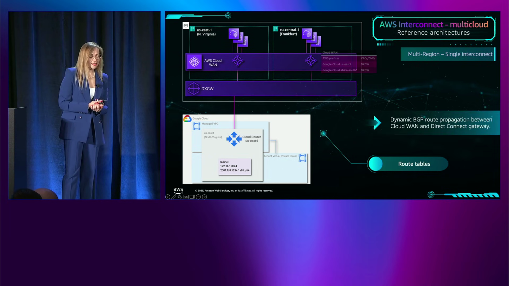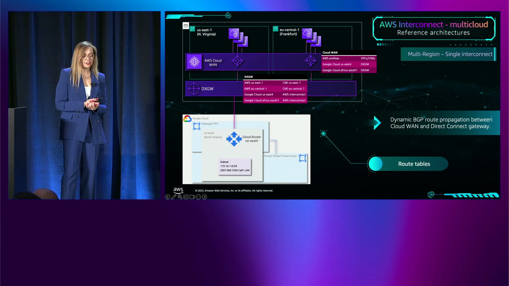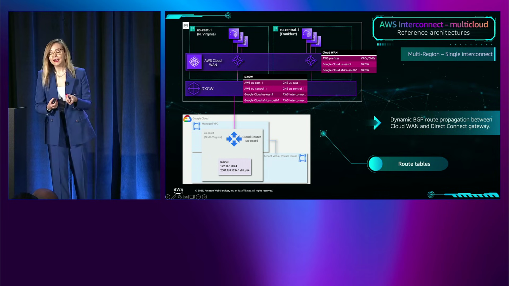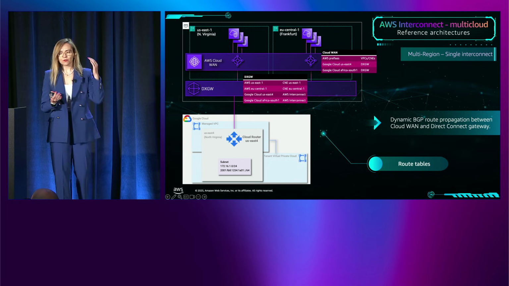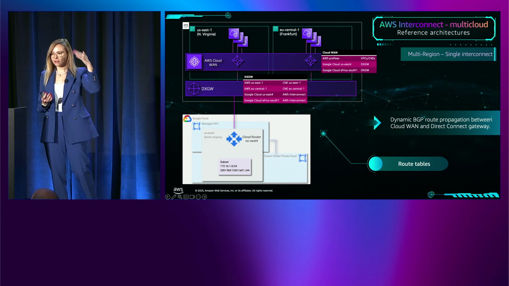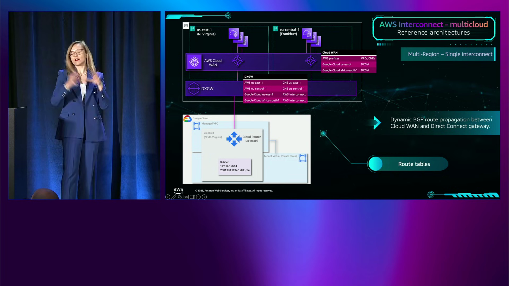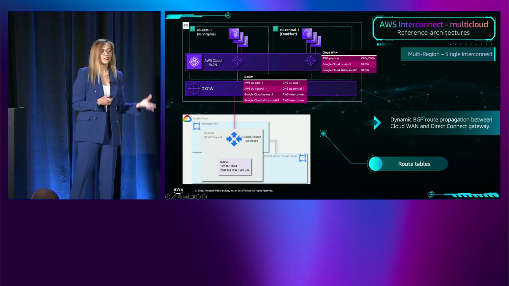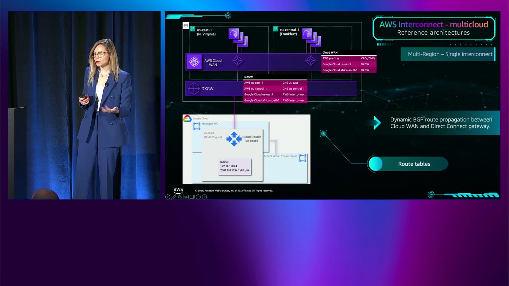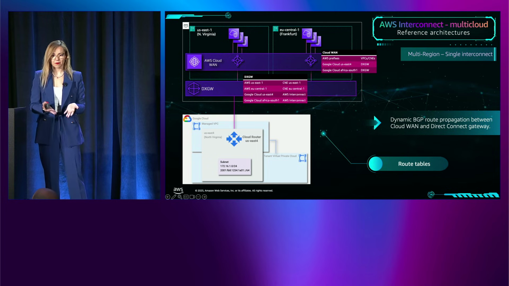From the Cloud WAN perspective, every single core network edge has its own route table, right? In this case, all core network edge route tables are going to look the same. Each core network edge will know its attached prefixes for VPCs or other types of attachments that you have in that region, and will know the Google Cloud IPv4 and IPv6 prefixes from the attached Direct Connect Gateway, right?